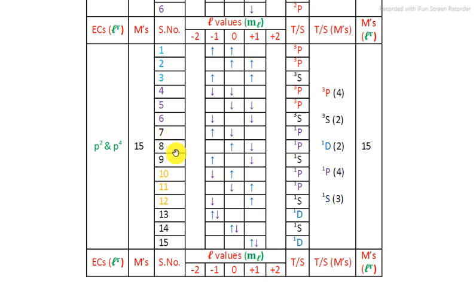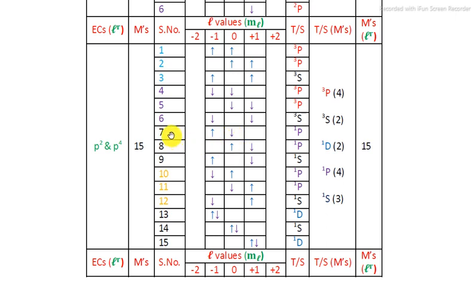From 7 to 12, the number of electrons in each subshell is 2, but the total spin in that subshell is 0. Positive spin, negative spin, total spin is 0 in that subshell.